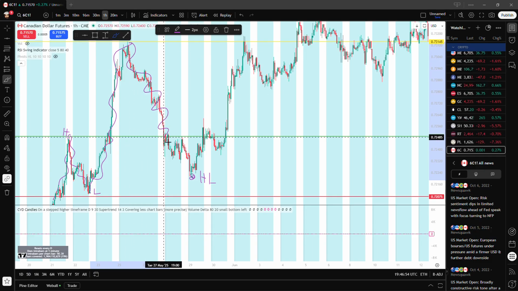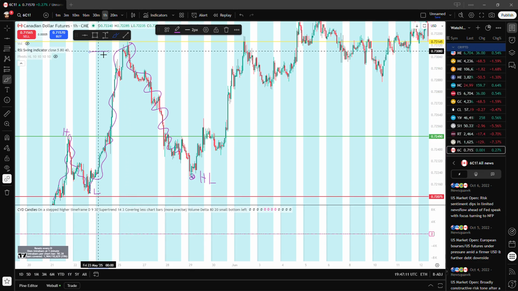This is our indication right here. This is our higher high up here. Gives us a higher high.